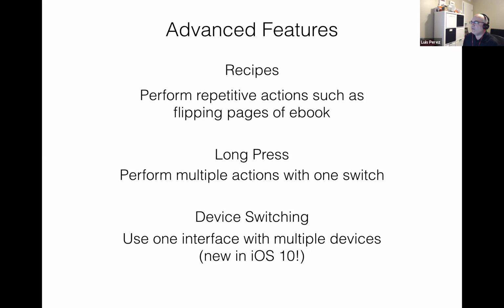And then when I'm ready to switch over to my Apple TV to watch a movie, I can just select Apple TV from a menu. And then the switch control will be activated on the Apple TV, and then I'll be able to control it with the same switches that I was using to interact with my tablet. So that can be really powerful for accessing a variety of devices with the same interface and the same switches.